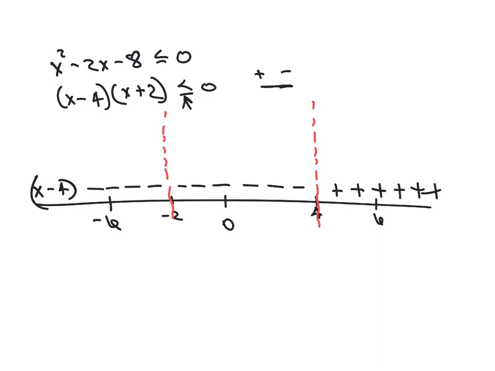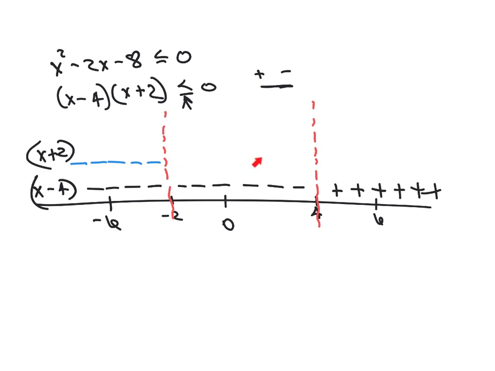Okay, so let's look at x plus 2. Again, I'm going to start at the value that makes this 0, which is negative 2. Let's look at the left. If I took negative 6 again, and again, it doesn't matter what number you pick, negative 6 plus 2 is negative 4. So all the numbers in this area here are going to be negative.